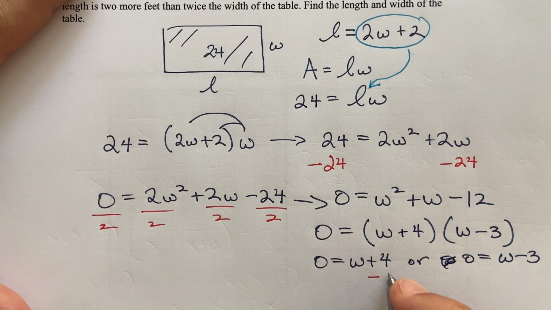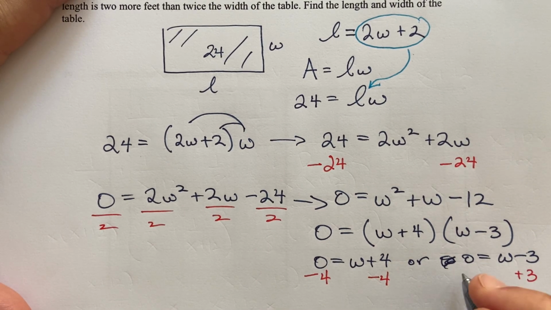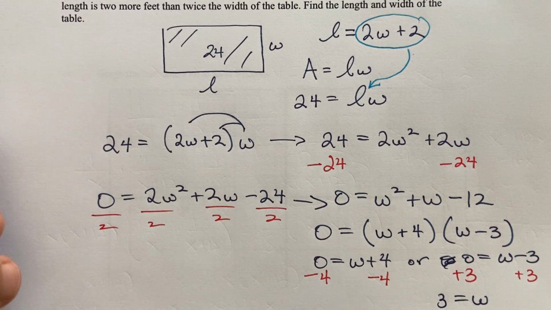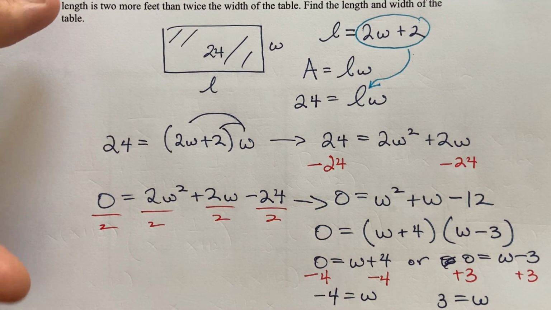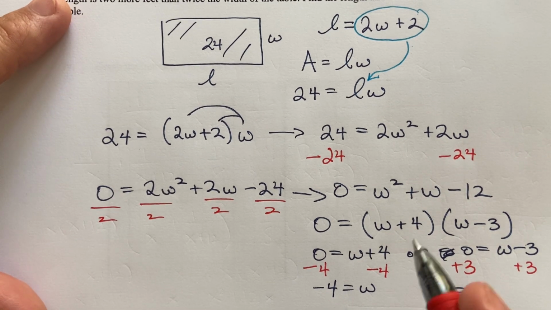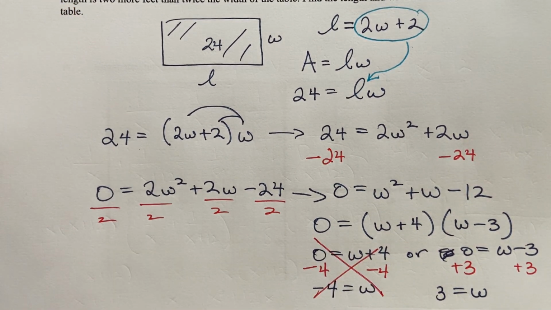So solving for w, looks like I get a negative, so that one's actually going to be thrown away. But this one looks good. So I'm getting 3 equals w. This one, I'd be getting negative 4 equals w, but that doesn't make sense because w is a width. It's not going to be negative.